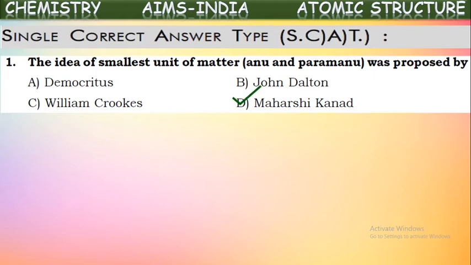He told that every padartha is made up of small particles called Anus. These Anus are composed of still smaller particles called Paramanus. These Paramanus are the smallest particles of every matter. Okay, it was given by Maharshi Kanad.